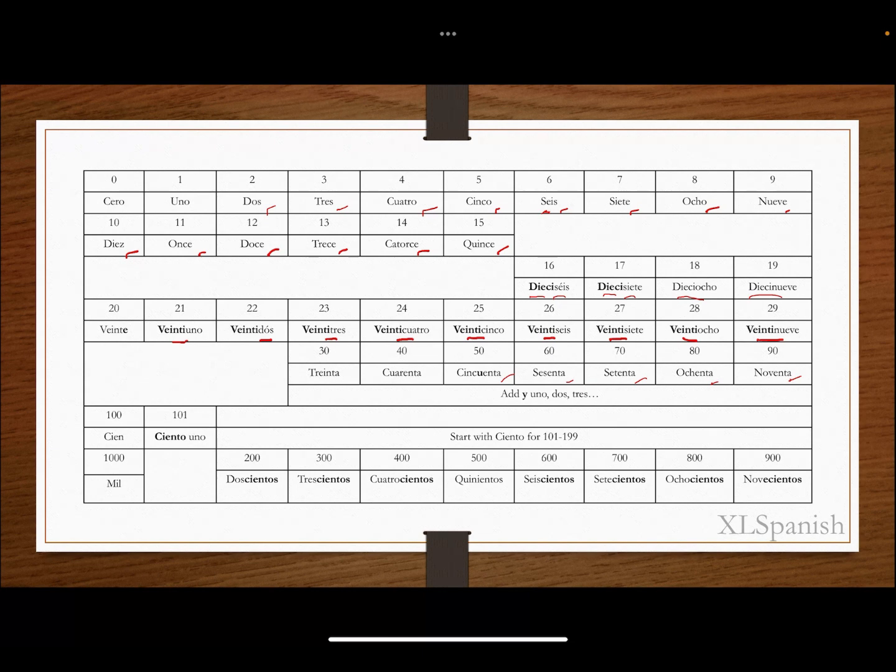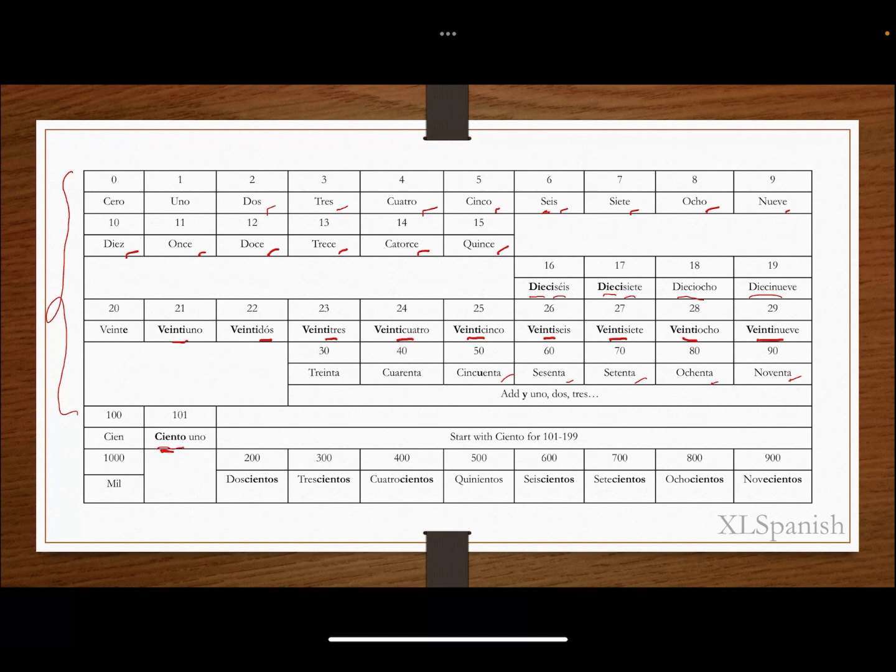Instead, we use ciento. So 101 is ciento uno, 102 ciento dos, and you go on until you reach 199 using the same concept that we've discussed before from 0 to 99. The only difference is you add ciento in the beginning.